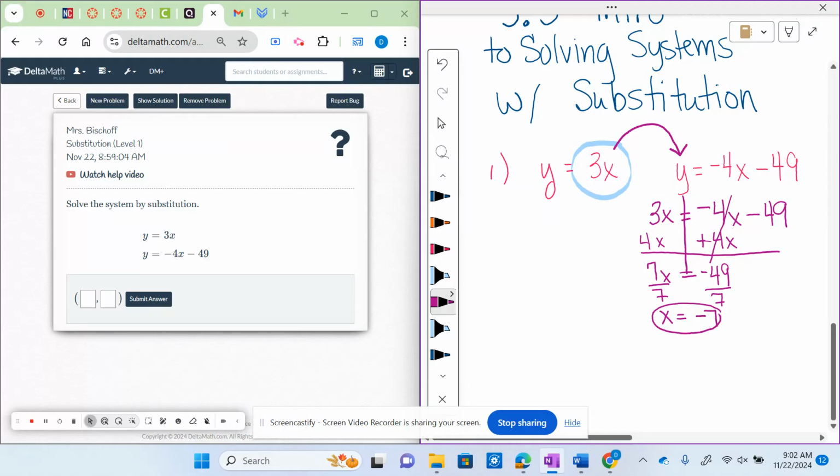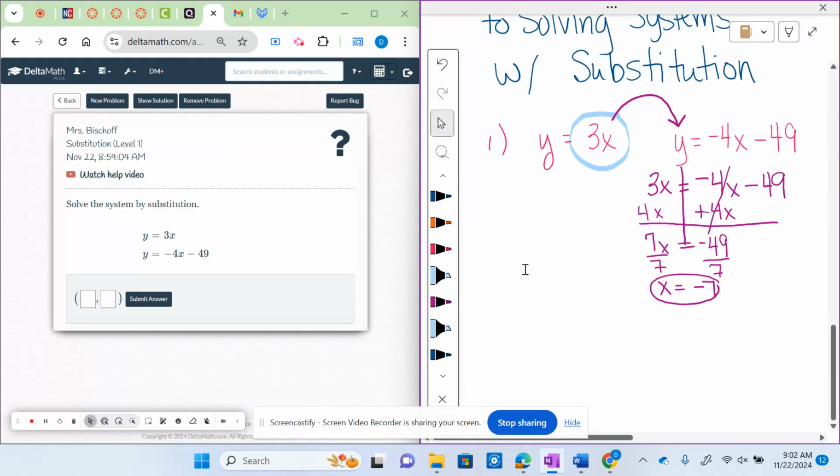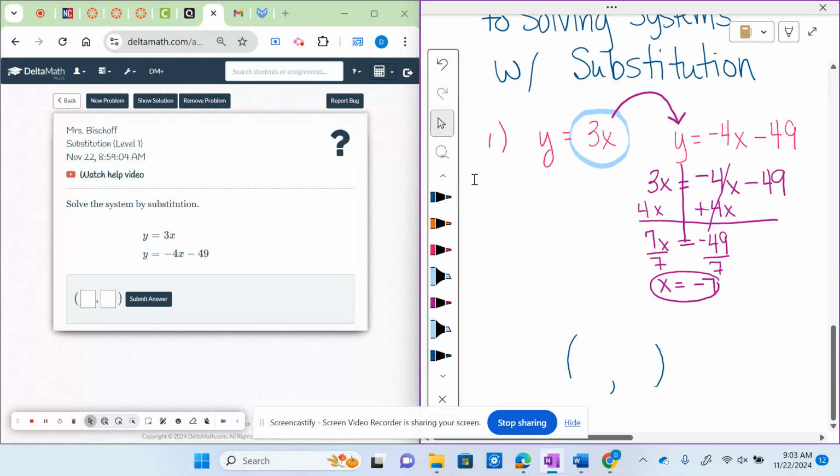This is a system. Tell me what you know about the solution to a system. Because I'll tell you what I know. I know that the solution to a system is an ordered pair, right? So we just found the x value of our ordered pair. We just found the x coordinate. We know that the x coordinate is negative 7.